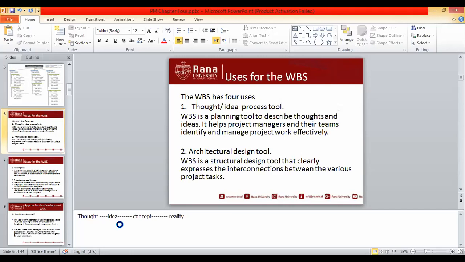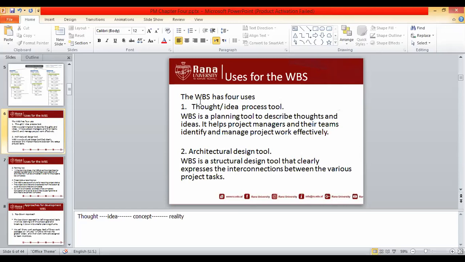So WBS actually provides this mechanism. If you have any sort of idea about implementing a project, WBS is a process tool. You will identify the big activities, then you will identify the sub-activities, then at the third level you will identify further sub-activities.